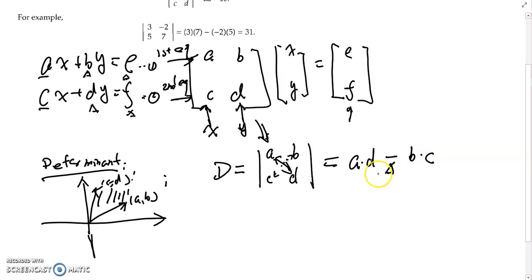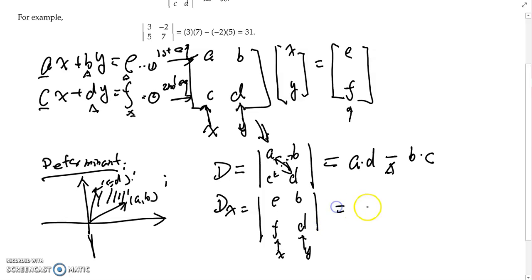We can also define Dx: the y column doesn't change, but the coefficients of x are replaced by e and f, so the determinant is e times d minus f times b.